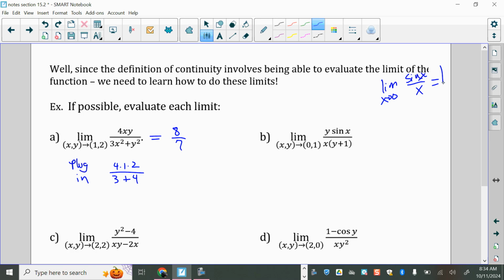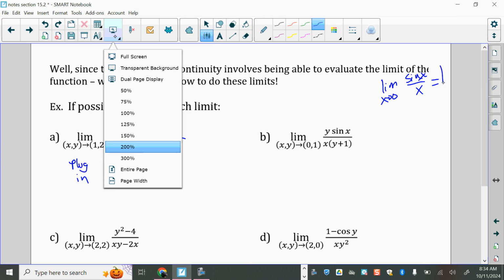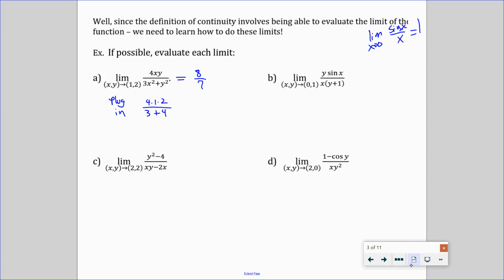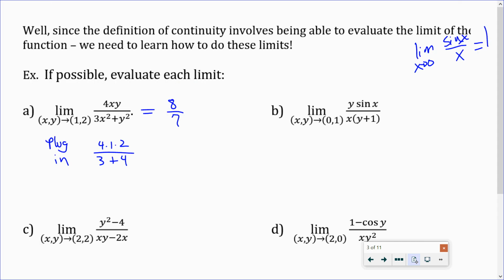Sometimes if you want to, you can separate this. I can easily separate this into two problems.